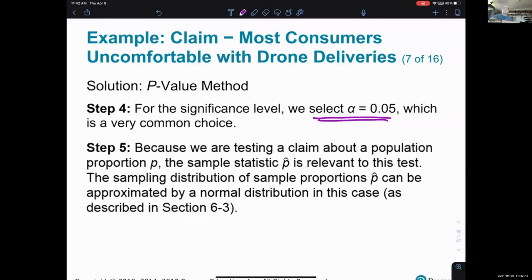If the chance that we're wrong with this sample as evidence is less than 5%, then we say this sample is evidence that we're right.